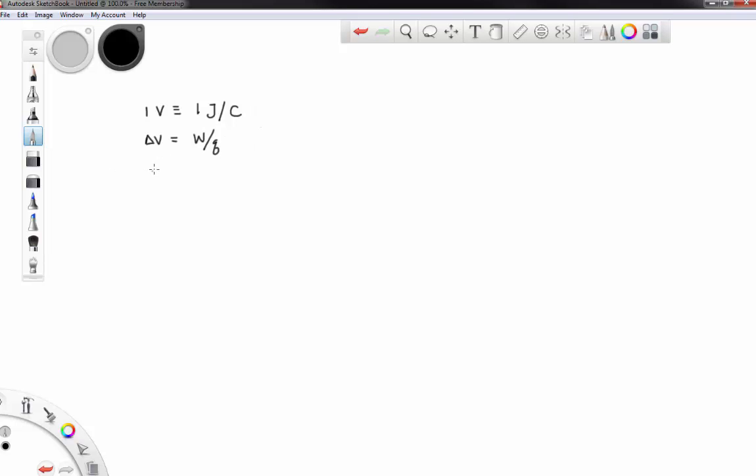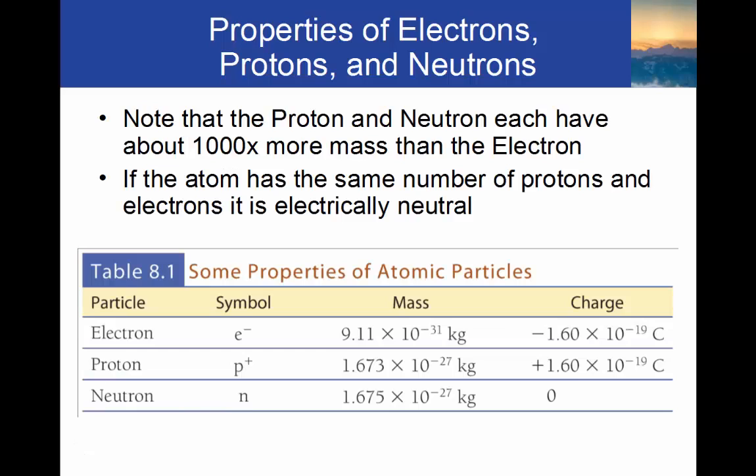So the work done to the electron should be this voltage times the charge of the electron. So we need to go get the charge of the electron. You're never going to guess where we get that charge from. Surprise, it's table 8.1. The charge of an electron is minus 1.60 times 10 to the minus 19 coulombs.